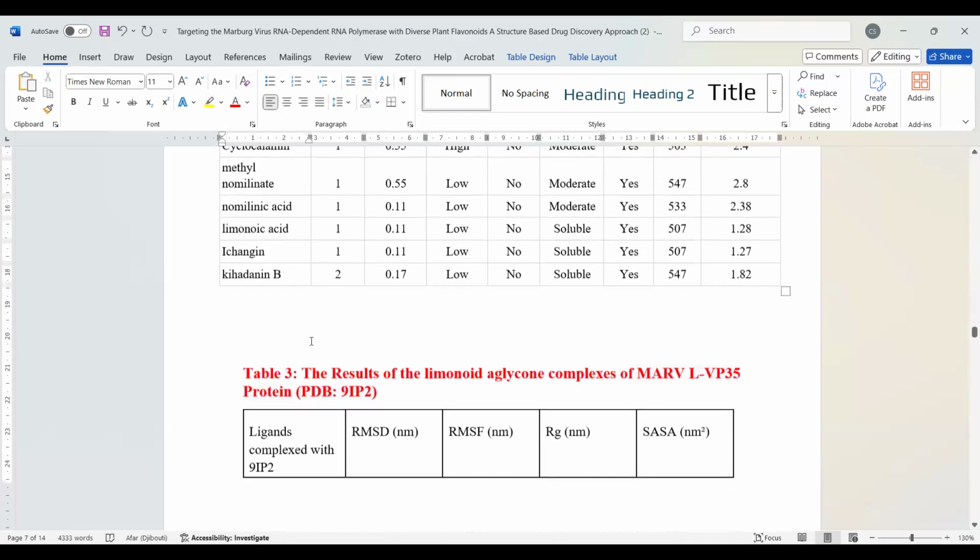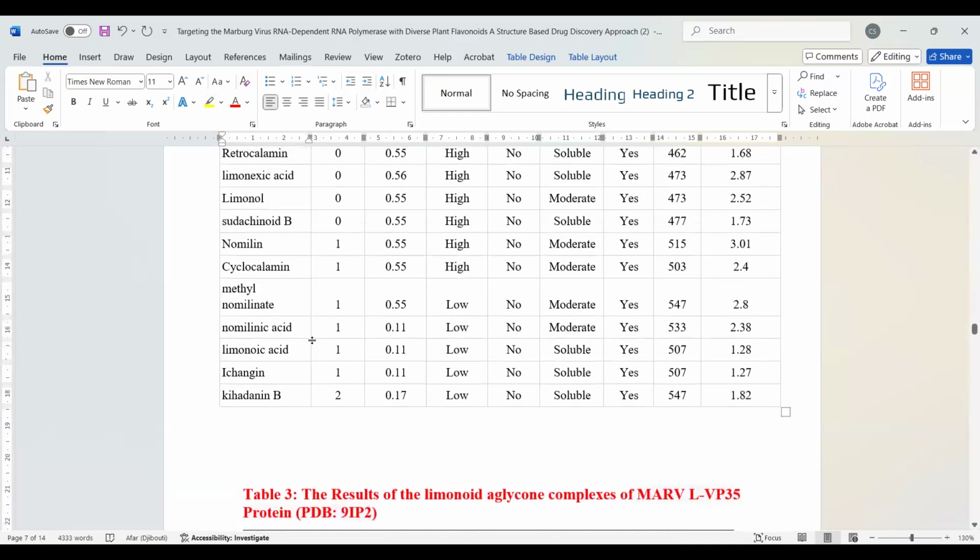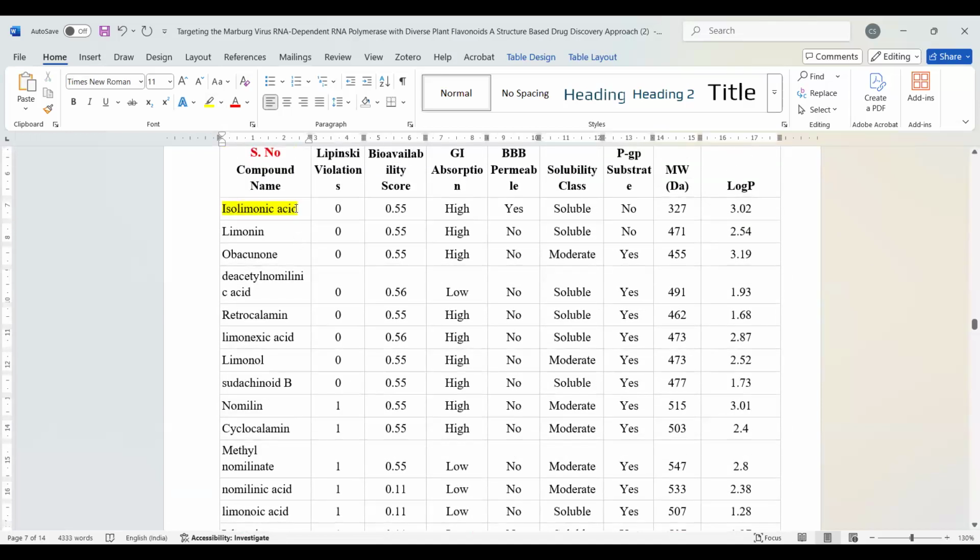My one confusion was that isolimonexic acid had a good binding affinity of minus 9.5. The top two compounds for binding and the top two from ADMET are very different.